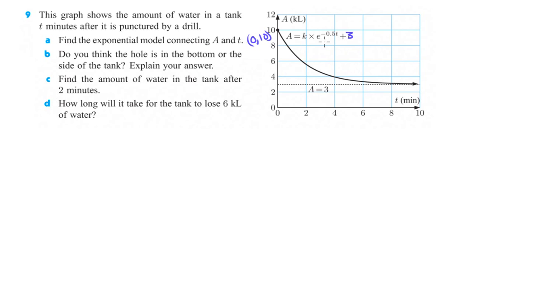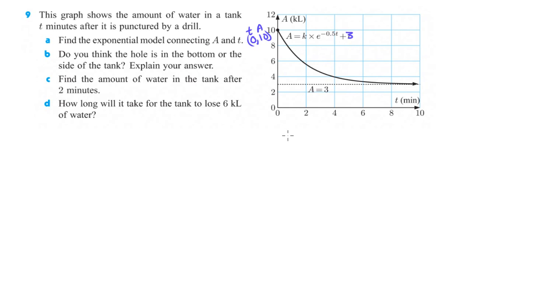Okay. So now we've got to figure out what some of these others are. Now look, this 0 is the time, and this 10 is the A, the amount in there, right? So let's see if we can plug that in and figure out what K is.